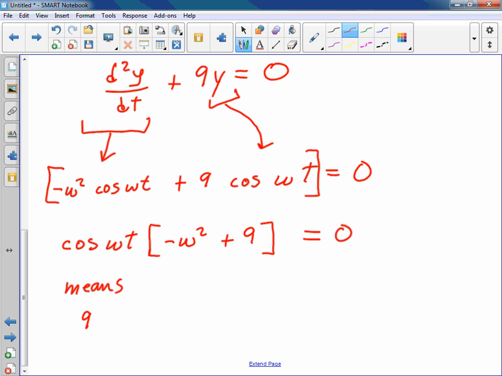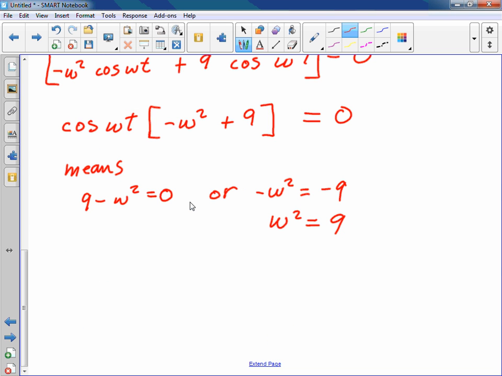It means 9 minus omega squared equals 0. What about omega squared? What could it equal? Well, negative omega squared would equal negative 9, so omega squared would equal 9.